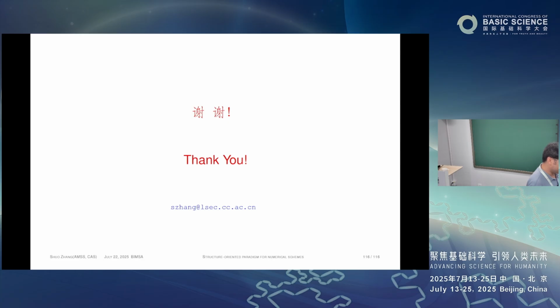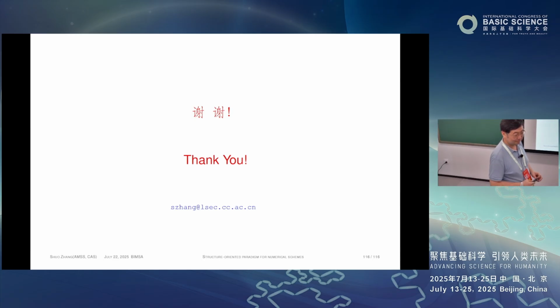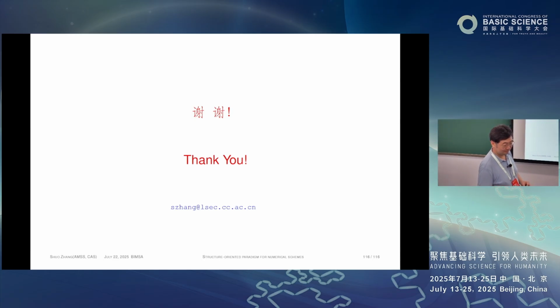Or maybe if the inverse statement is correct: if you have some discrete space that can be written with this exact discrete complex, can we say that this finite dimensional space is good for the specific problem?